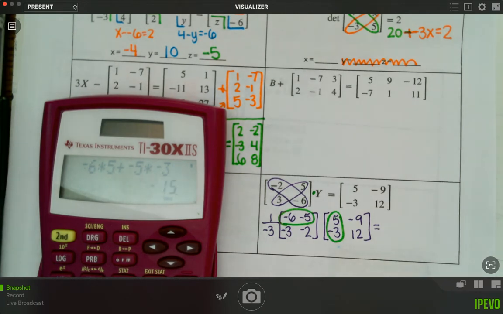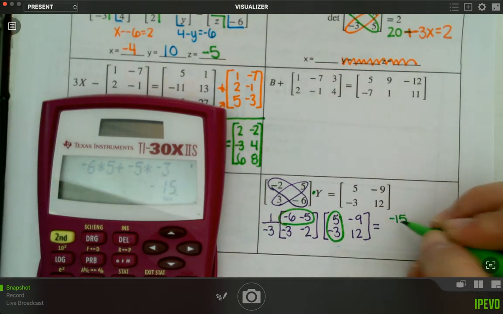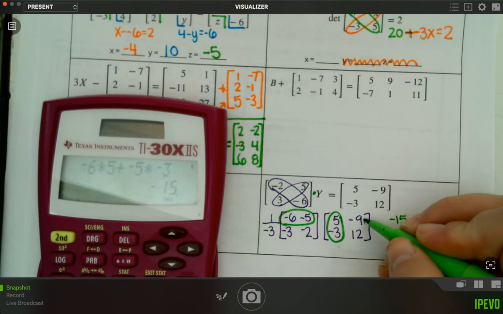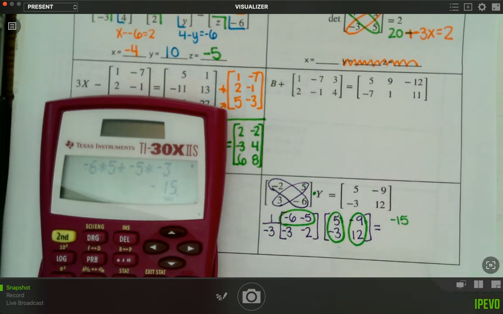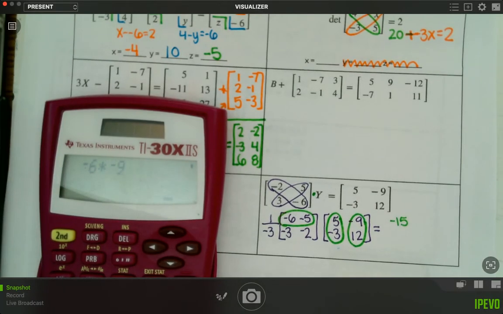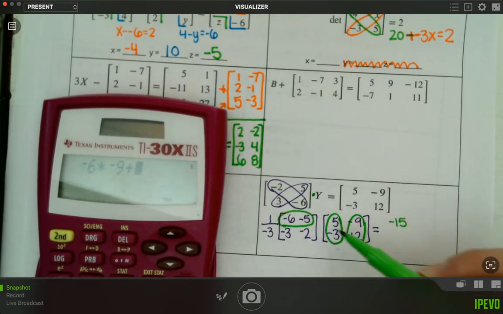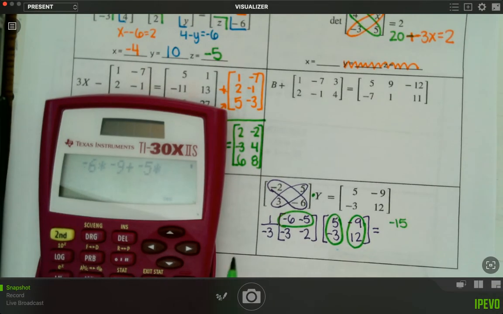And that's negative 15. And then I'm going to move to the next column, and the negative 6 gets multiplied by the negative 9, plus negative 5 gets multiplied by the 12. Negative 6.